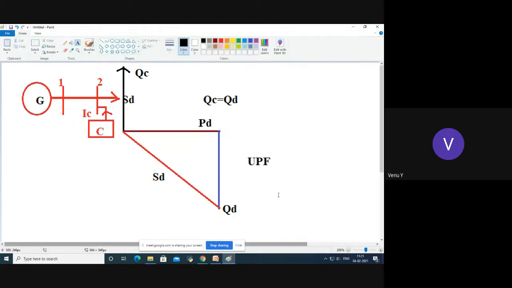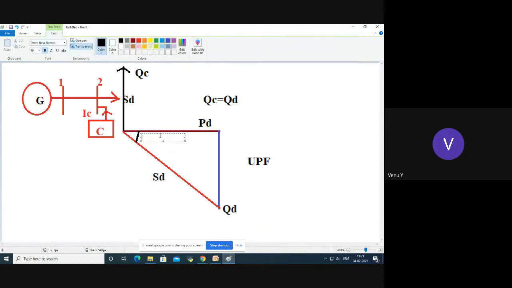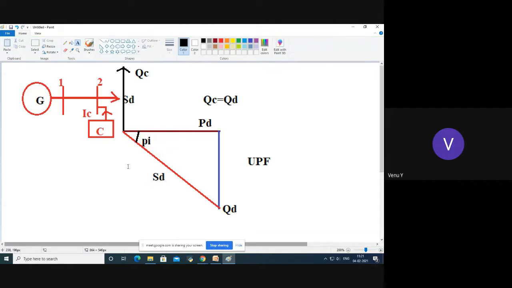Or if you want to control the voltage such that sending end voltage equals receiving end voltage, Vs is equal to Vr, that is a perfect voltage regulation. That is another effective point. And here the power factor can be controlled very easily with the help of shunt compensator. Compared to the series compensator, here phi is the power factor angle.